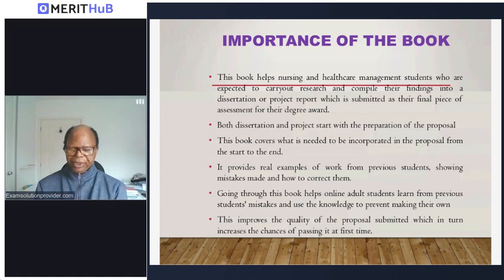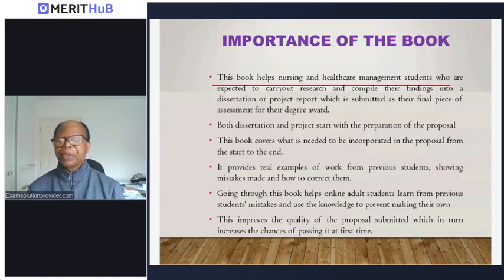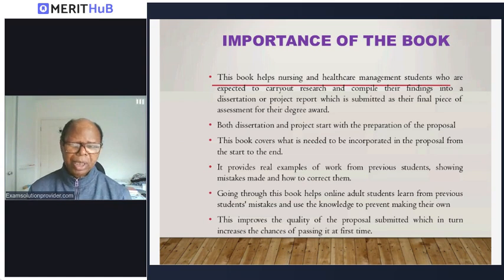The importance of this book. This book helps nursing and healthcare management students who are expected to carry out research and then compile their research findings into a dissertation or project report. And then they submit this as their final piece of assessment for their degree award.